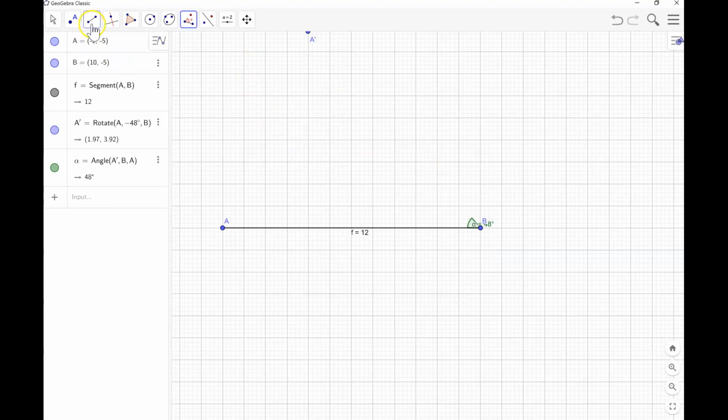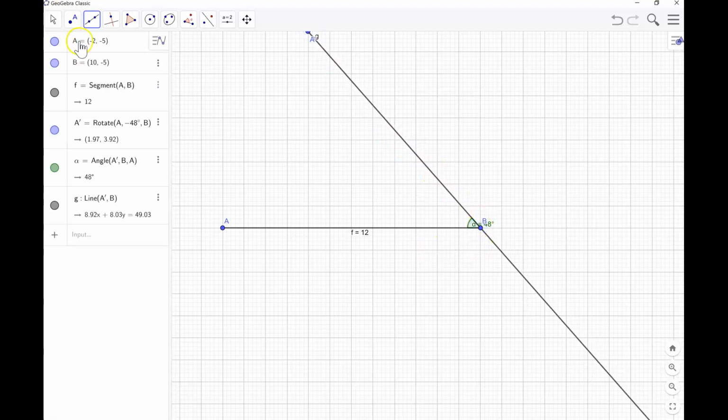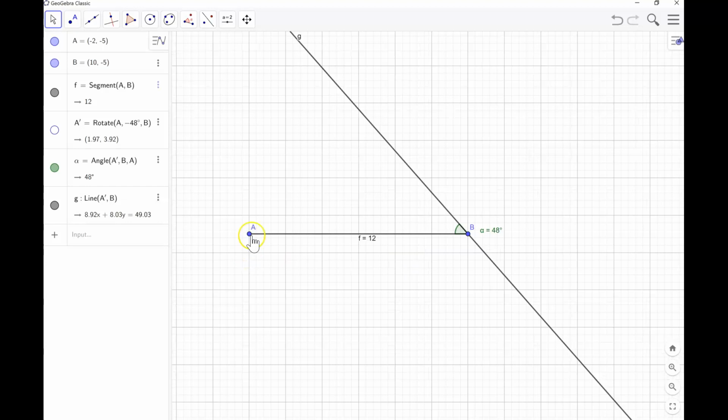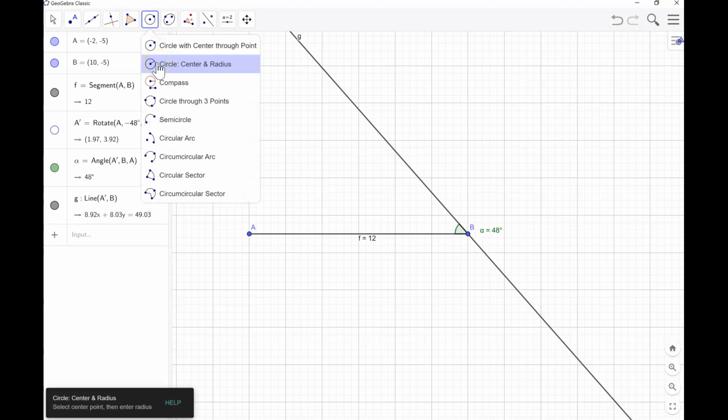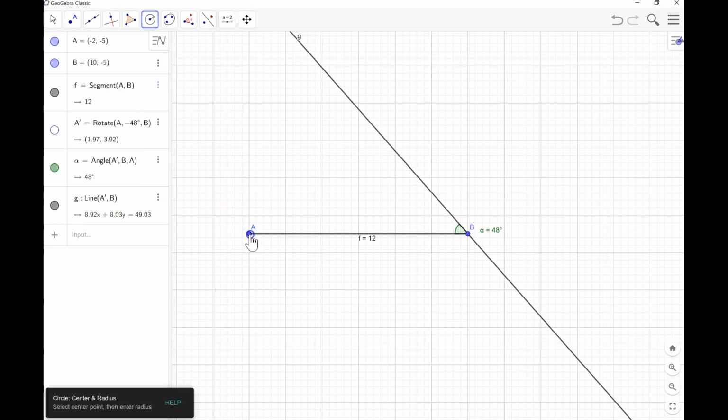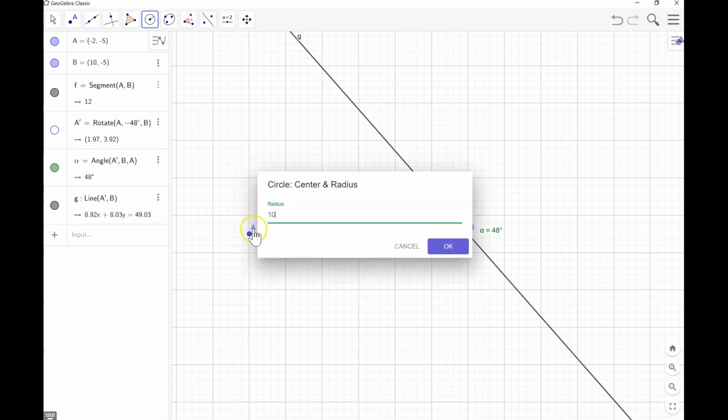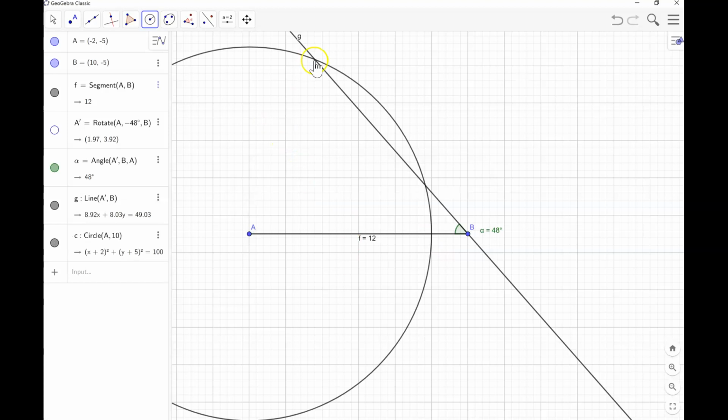And here's a 48-degree angle, because this is like the third side of our triangle that we don't know how long it is. I'm going to use a line for it. And then I'm going to draw a 10-unit side. And to do that, I'm going to make a circle with radius 10. And notice there's two places that that circle can intersect the third side.